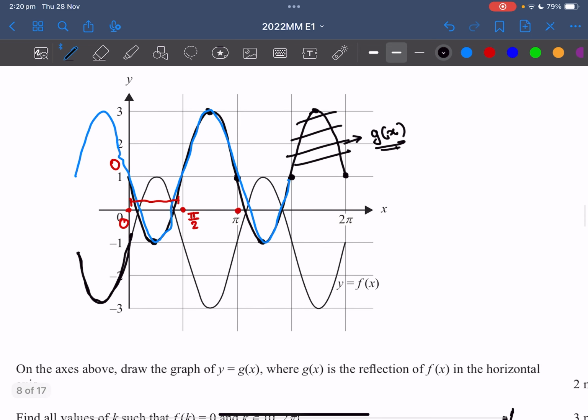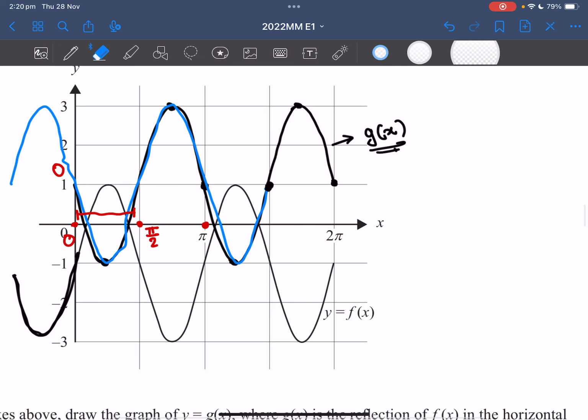But the main thing is the graph of h of x, which is the sky blue one, is matching the graph of g of x, right? So that means this is perfectly overlapping, if that makes sense.